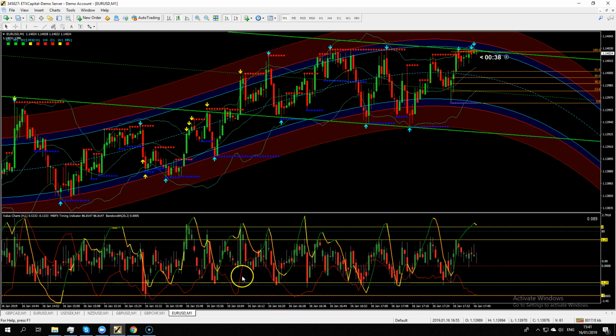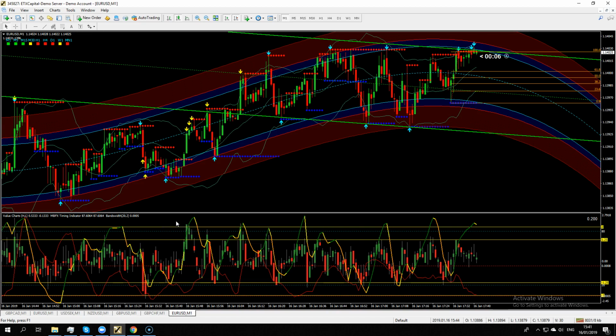Now, in the last period, price has been ranging over quite a narrow area on the value chart, so it hasn't been triggering them. But over here, you'll see that it triggered one after the other. And then you see price went down, triggered here, price went down, triggered here, price went down. And down here on the lower scale, it triggered at minus 1.75 on this candle, and then eventually started to go back up. So that's what I call my yellow main arrow.